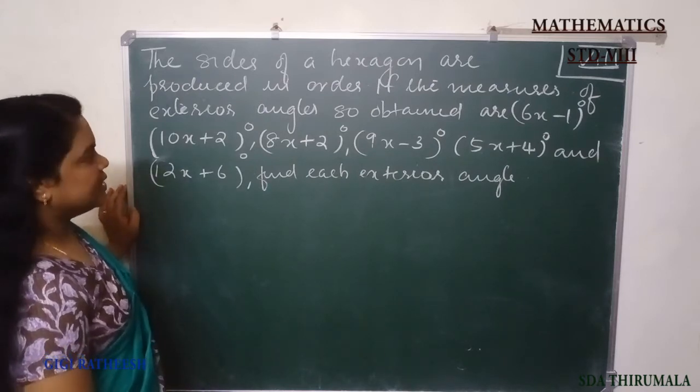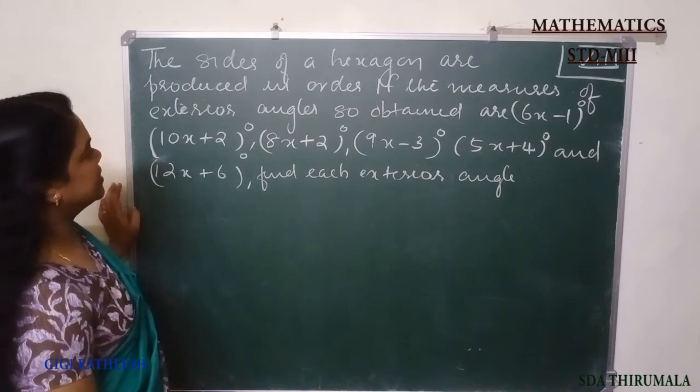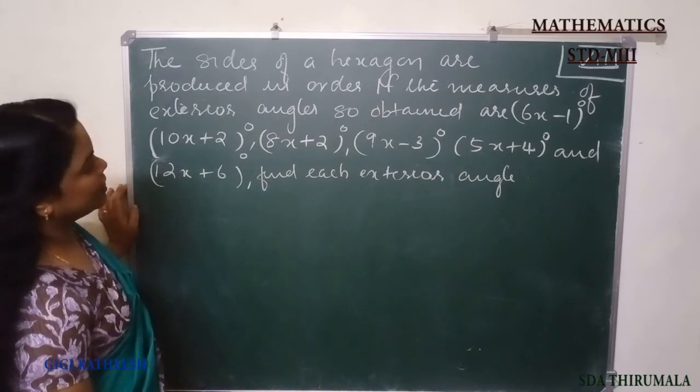The sides of a hexagon are produced in order.